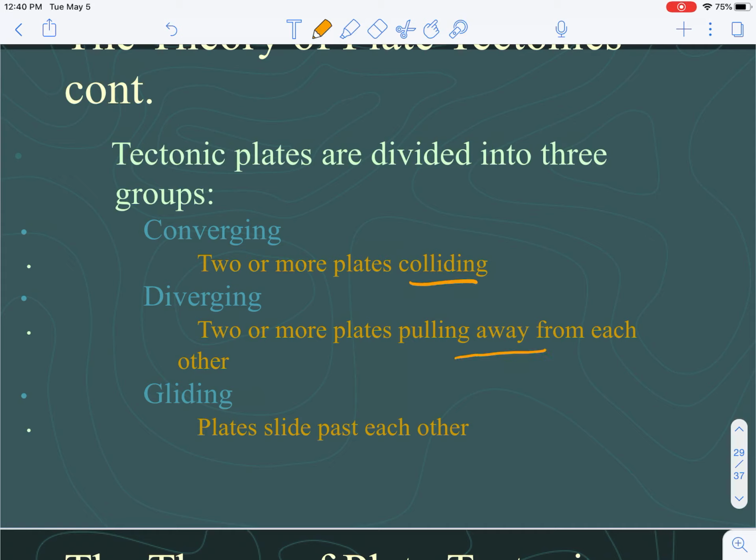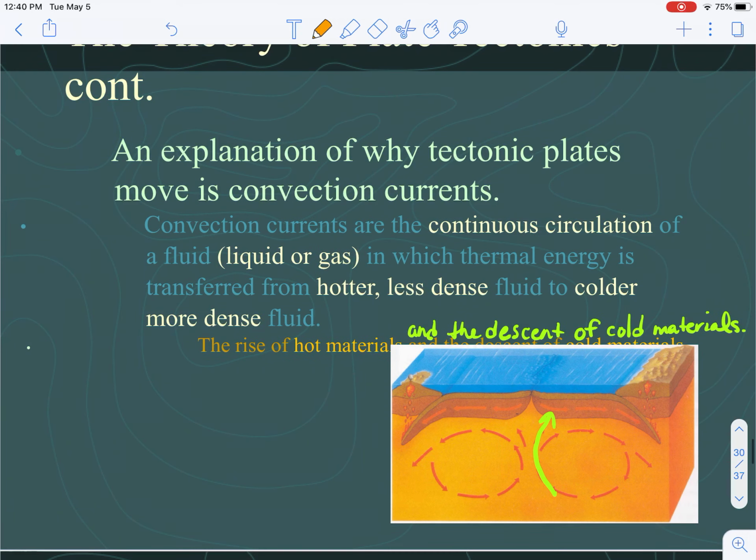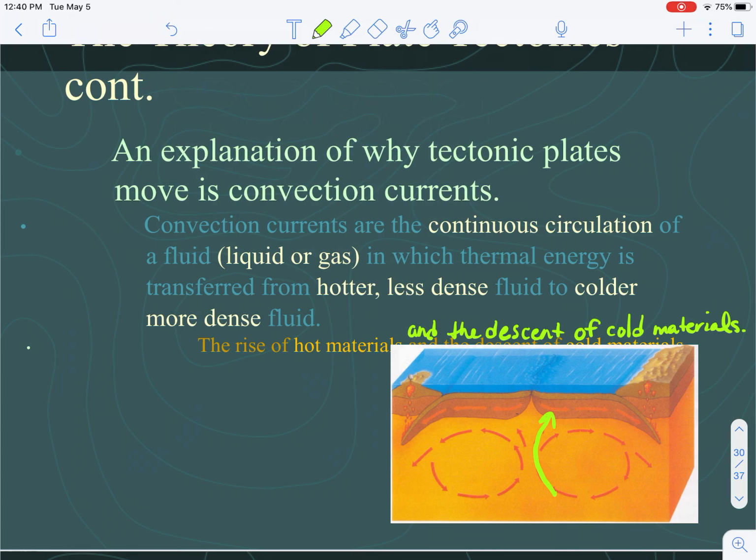Okay, so plate tectonics is that idea that there are some plates that are colliding or converging, some plates that are moving apart or diverging, and some that are gliding or sliding past each other. And they believe this all happens because of convection currents.